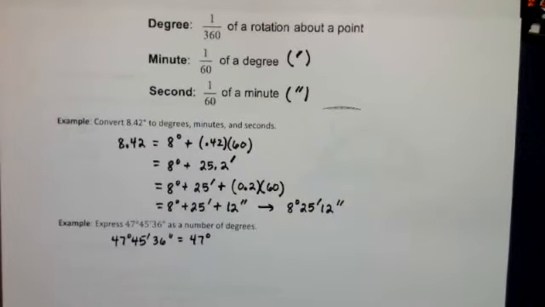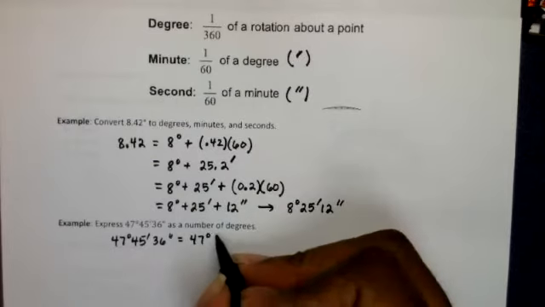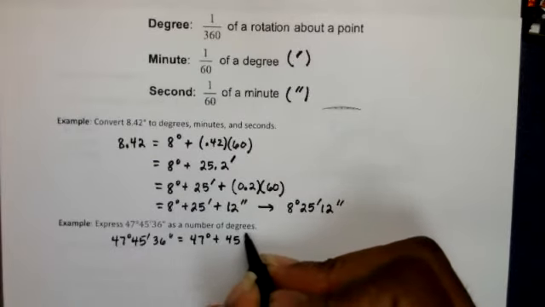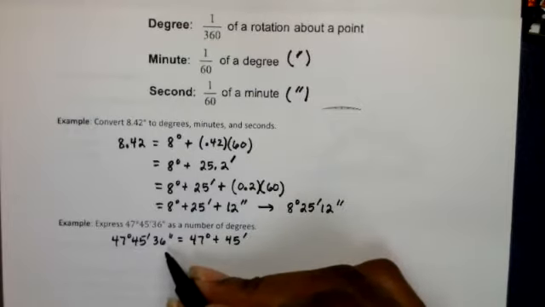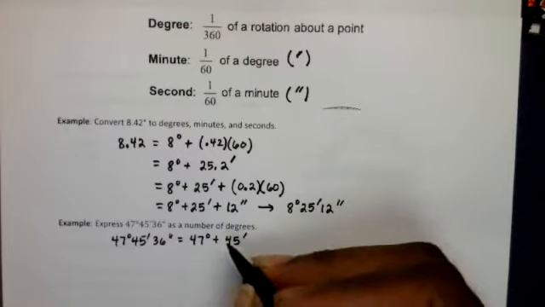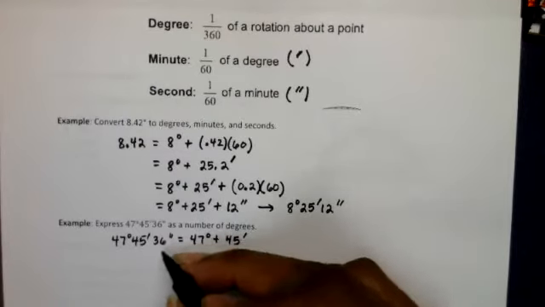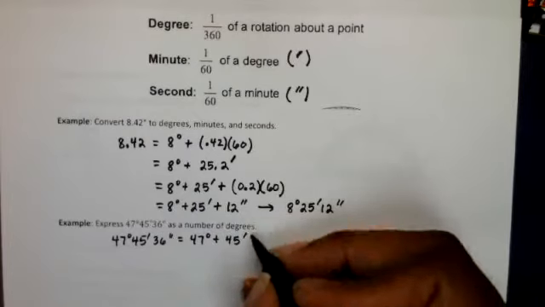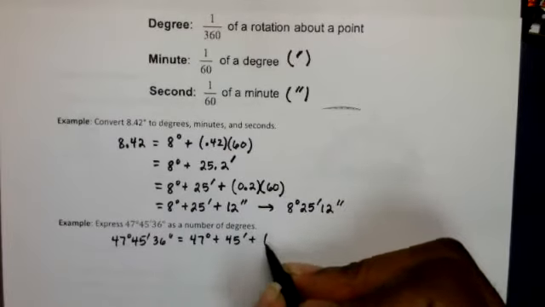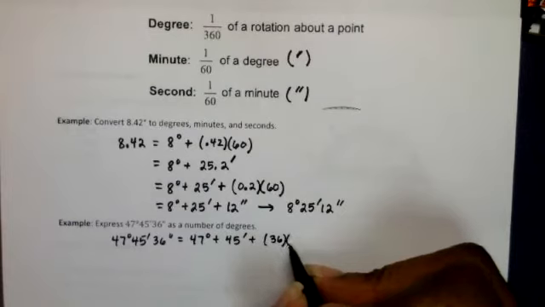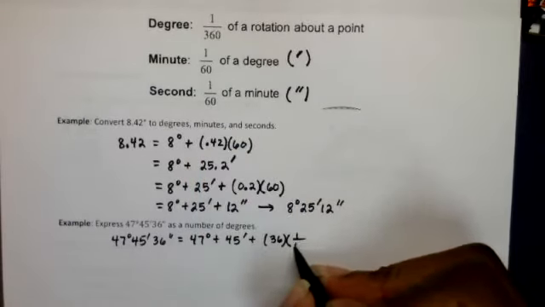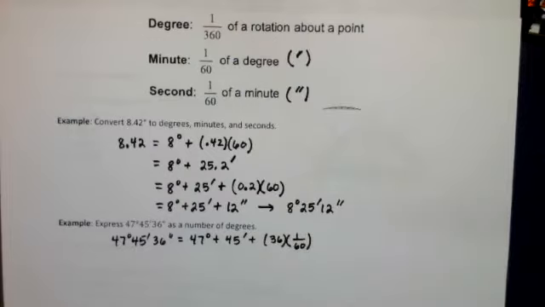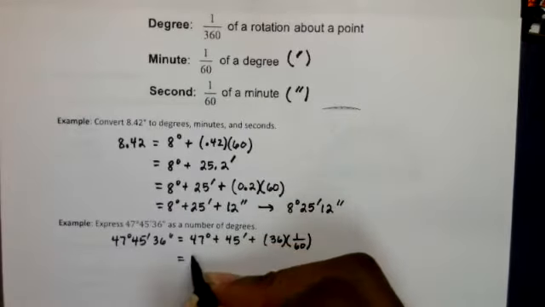Let's start with converting the 36 seconds into a decimal part in minutes. So this is what I'm going to do. I'm going to take the 36 and multiply that by, well, a second is 1/60th of a minute. So that'd be multiplied by 1/60, or take 36 and divide that by 60, by the way.